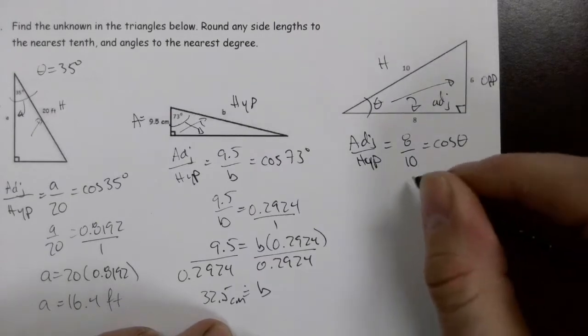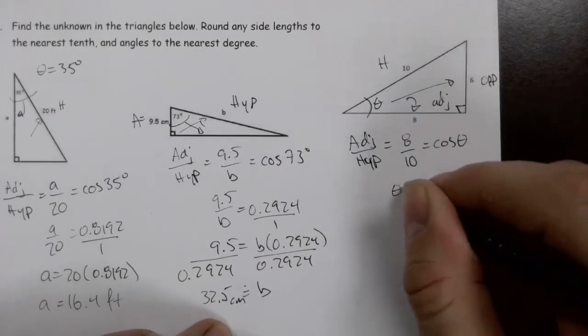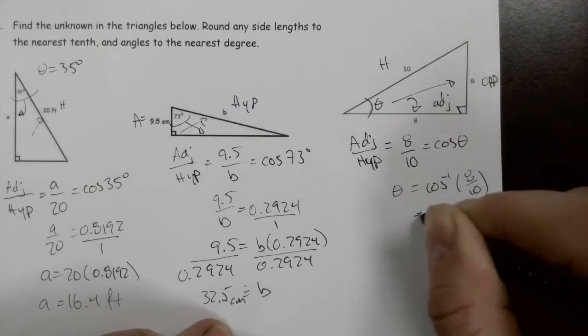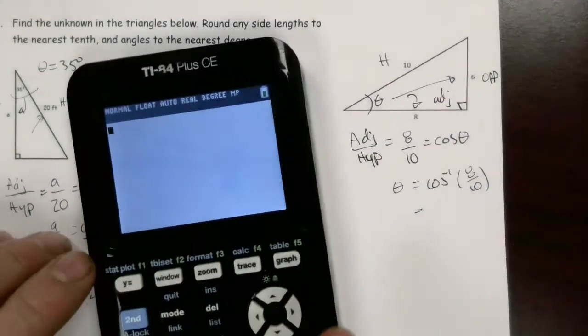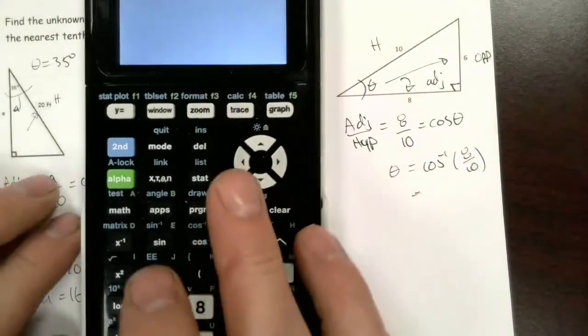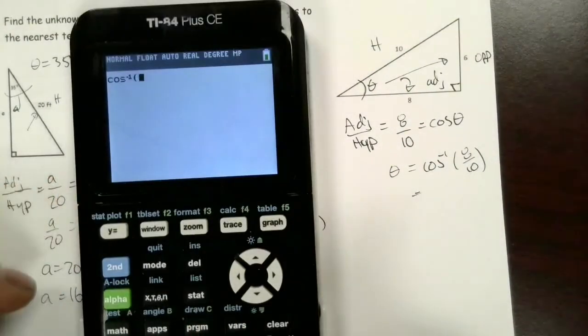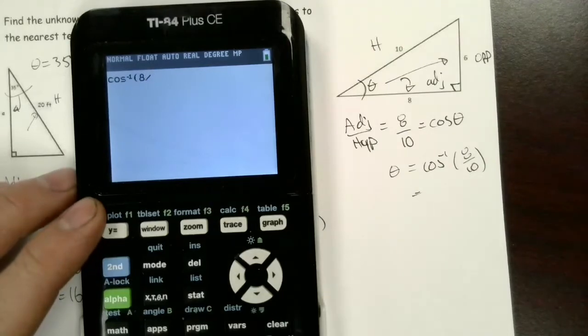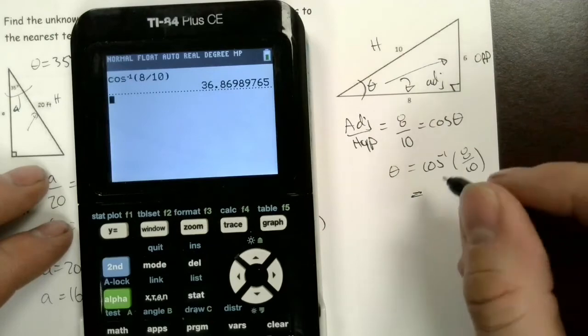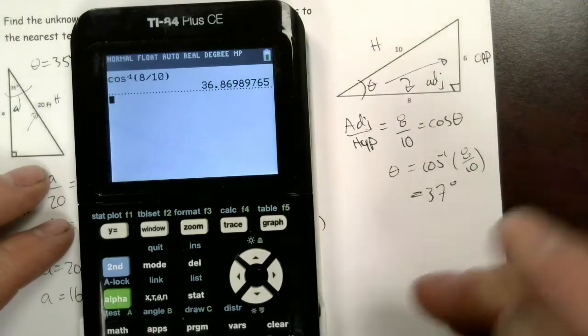Now, because I have the ratio here and don't know the angle, my angle is going to be the inverse cosine of 8 over 10. So on my calculator, I would press second cosine to activate that inverse ratio, and then type in 8 divided by 10. And to the nearest degree, I get 37 degrees.